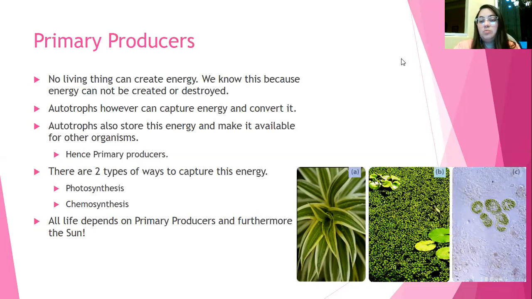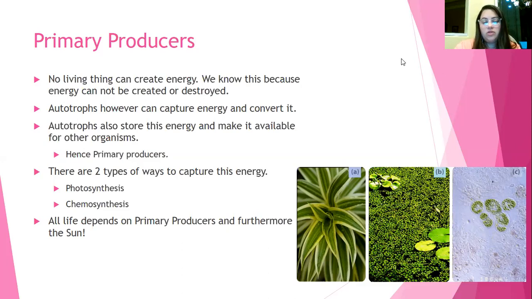Hence, they are primary producers because they are producing the carbohydrates that are necessary for the rest of these animals. There are two ways of capturing this energy. Plants can capture this energy by photosynthesis, and some bacteria can capture this energy by chemosynthesis. All life on Earth depends on primary producers, and furthermore, we depend on the sun.